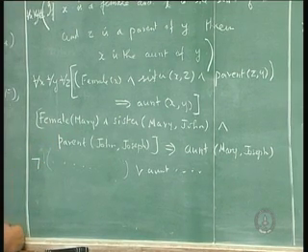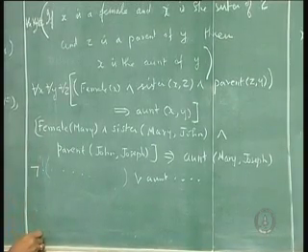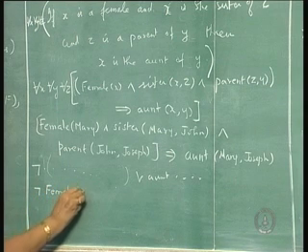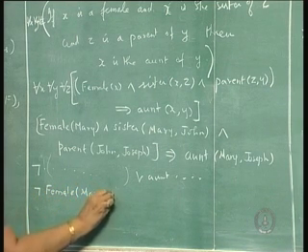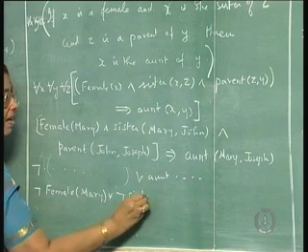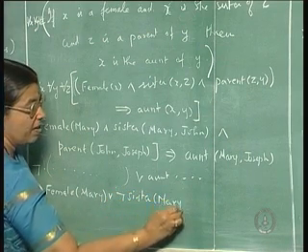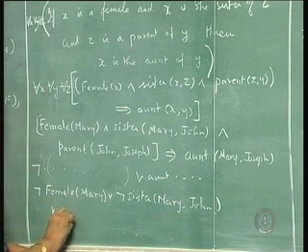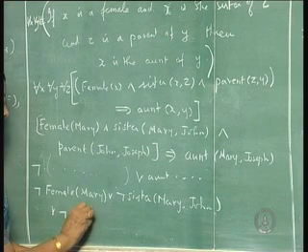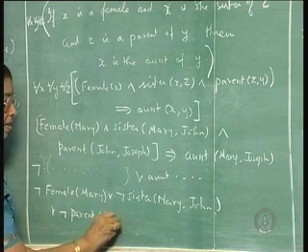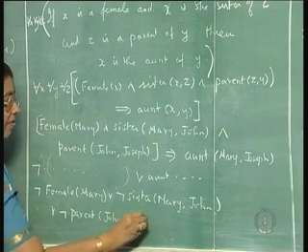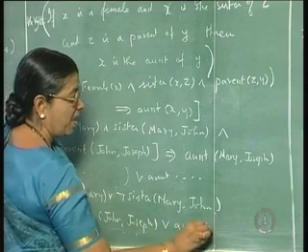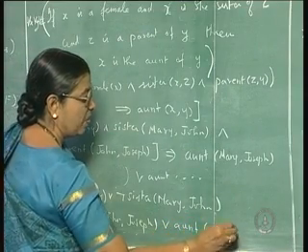Using De Morgan's laws, this will become a clause like this: not female Mary or not sister Mary John or not parent John Joseph or aunt Mary Joseph.